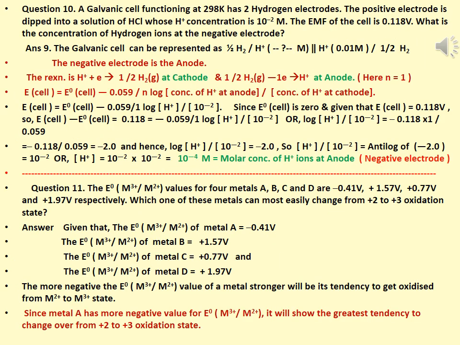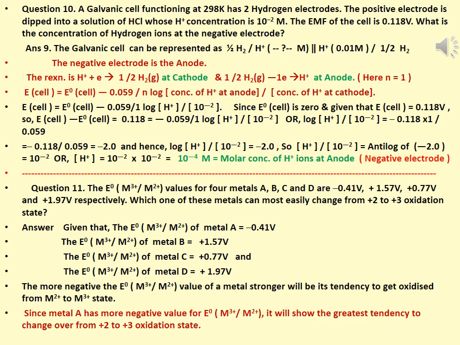Question number 10. A galvanic cell functioning at 298 Kelvin has two hydrogen electrodes, meaning that both anode and cathode are hydrogen electrodes. Which is the positive electrode in a galvanic cell? The cathode. Okay, that you have to remember.